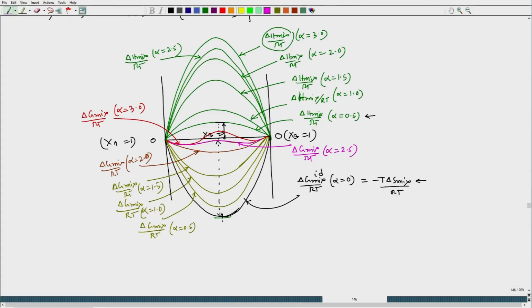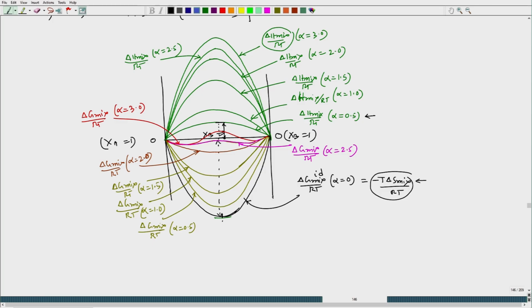Now, the question is, this shape comes from the combination of these two terms, delta Hmix by RT plus this particular term. These two values are added together.